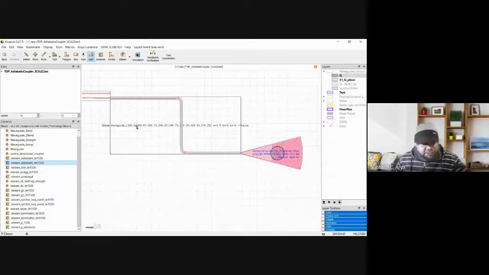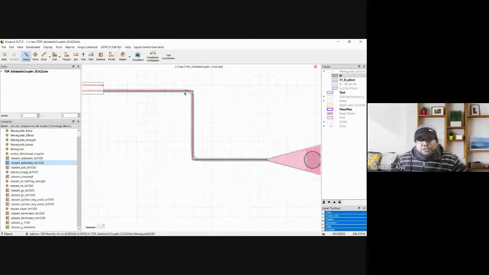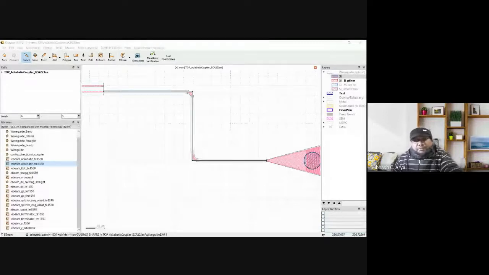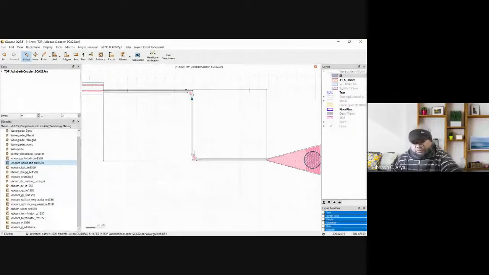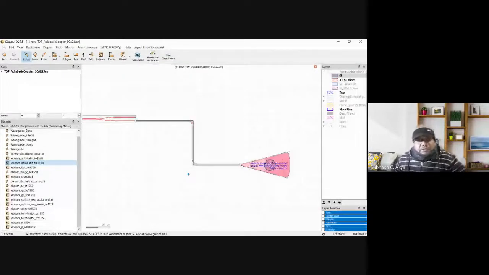It should not take that. I think I have to change it, delete it, because I have to consider a bending radius of 10 micrometer. It was not selected. Yeah, selected now. Go somewhere else, take some other selection.